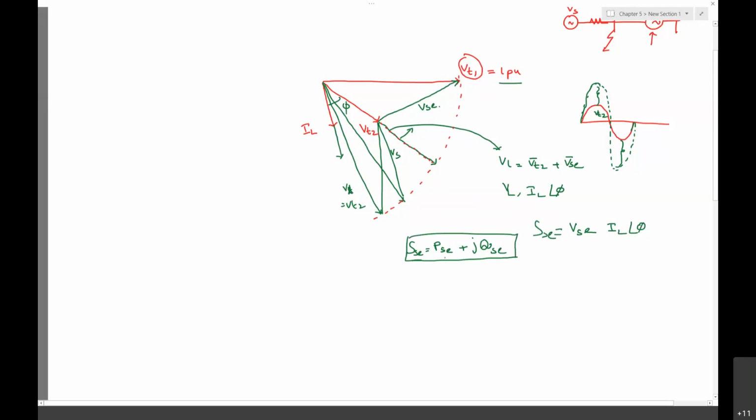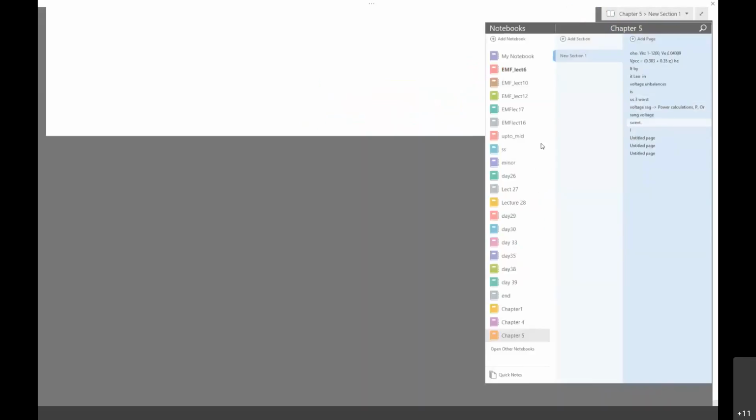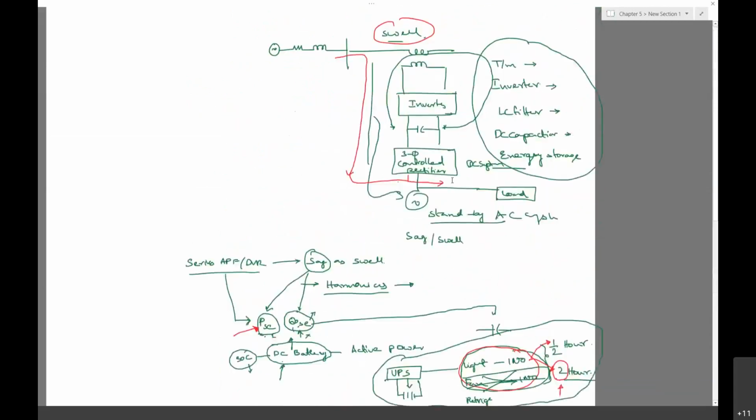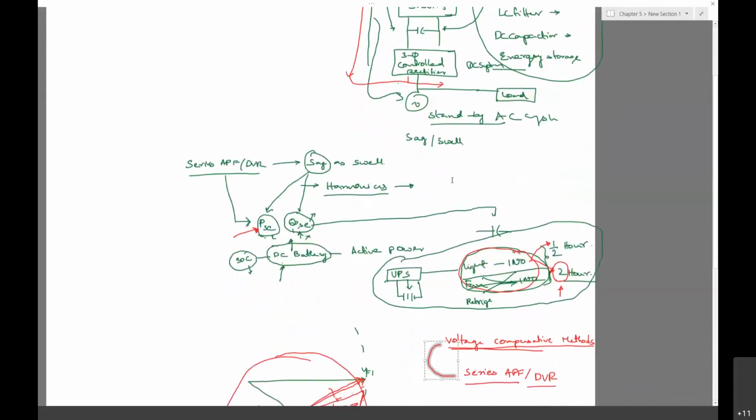When you are injecting the real power, the P, as we have discussed in the last class, having the background with respect to this diagram: a UPS with two loads, light and fan, will give half an hour, and a UPS with a light alone will give a backup of 2 hours.